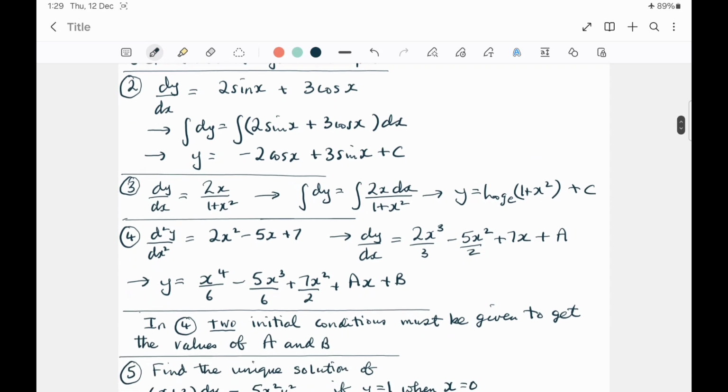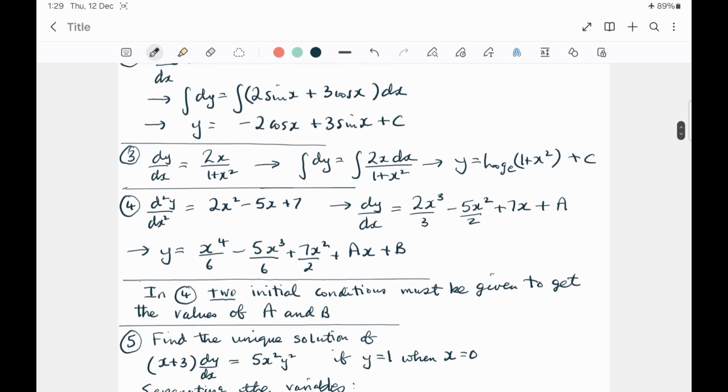For the next one, I've given what's called a second-order equation, because it's got the second derivative of y with respect to x equals 2x squared minus 5x plus 7. Integrating step by step, the left-hand side becomes dy/dx, and the right-hand side becomes 2x cubed over 3 minus 5x squared over 2 plus 7x plus an arbitrary constant a.